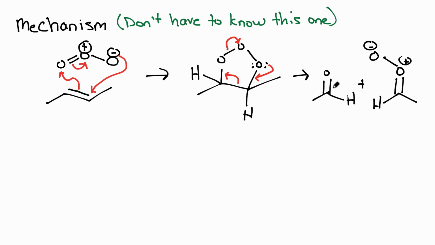This oxygen is positive. This is called an aldehyde oxide. Now in order to see what happens next, I'm actually going to flip this aldehyde over. So no reaction here, we're just reorienting things to see how the electrons move a little better.